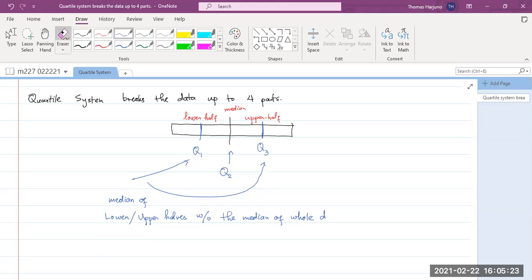Maybe to be more precise, without Q2. Without Q2, without Q2.